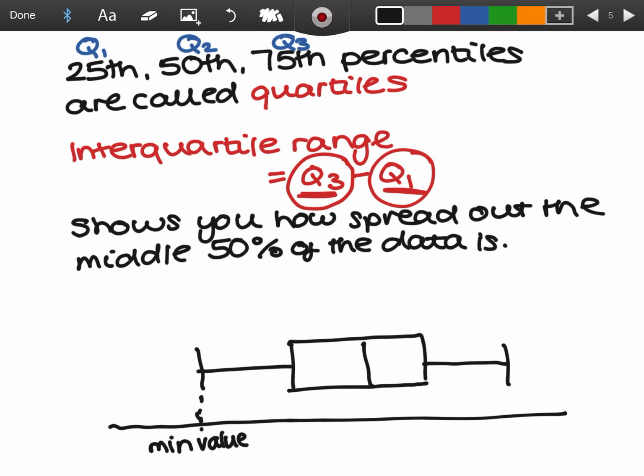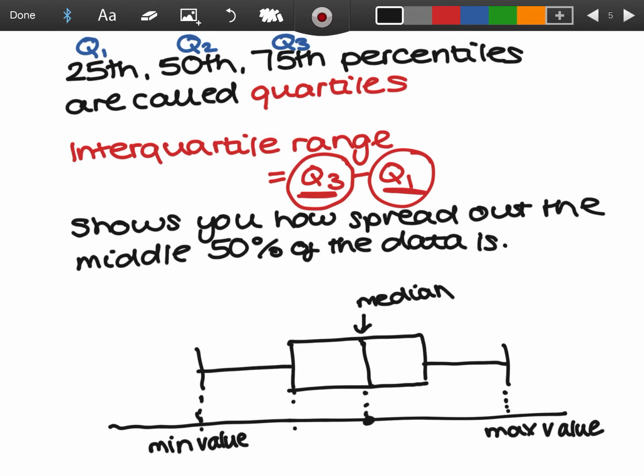Similarly, the line at the other end shows you your maximum data value. Then the box in the middle shows you the quartiles. The line in the middle of the box is your median. That's Q2. So whatever data point is here, that is your median for your data.